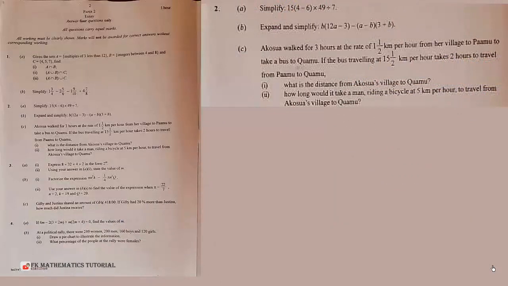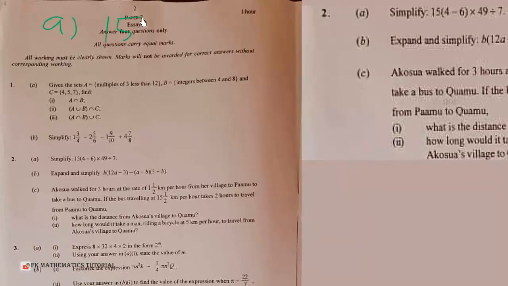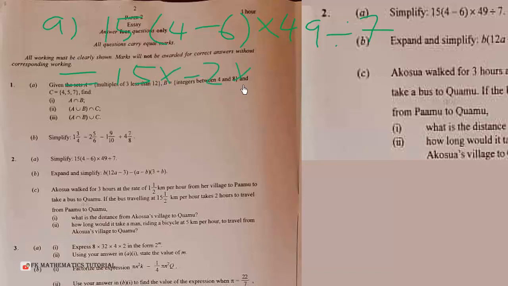So the A part says we should simplify 15 into 4 minus 6 times 49 divided by 7. So, BODMAS, bracket first: 15, then 4 minus 6 is negative 2, times 49 divided by 7. 15 times negative 2 is negative 30 times 49.